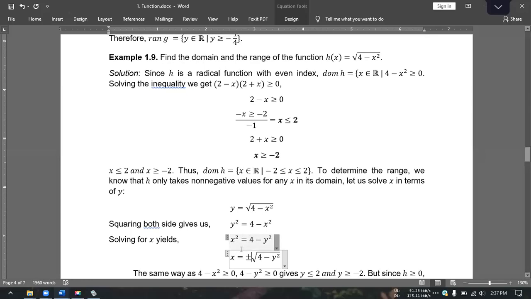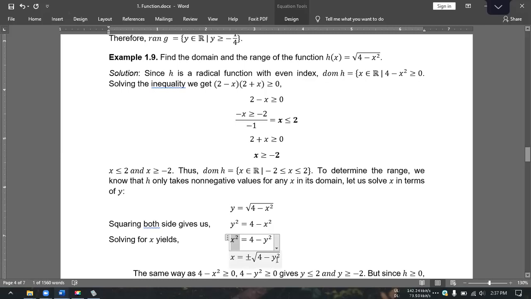And then we only need one value of x. So getting rid again dun sa square of x, we have to extract the root of both sides of the equation, giving us x is equivalent to positive negative square root of 4 minus y squared.